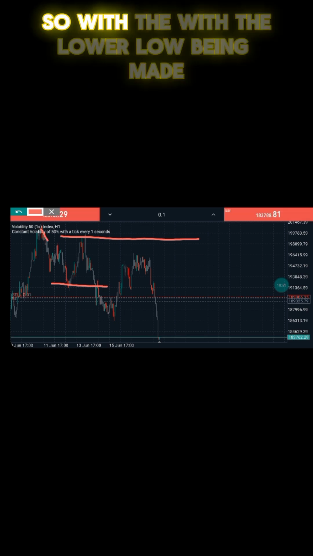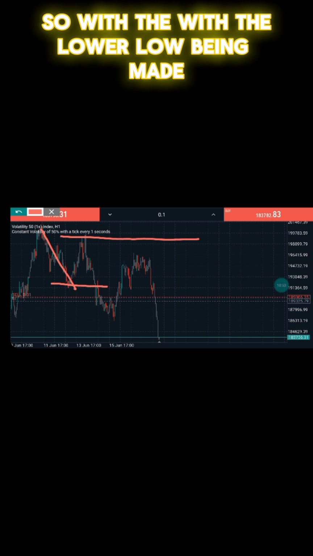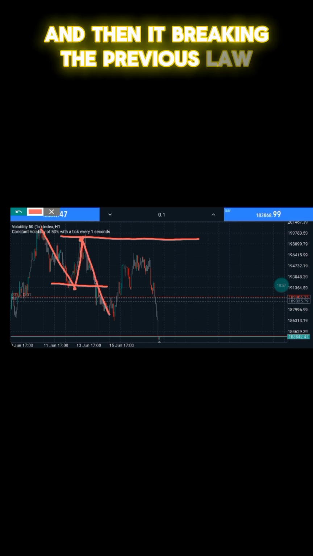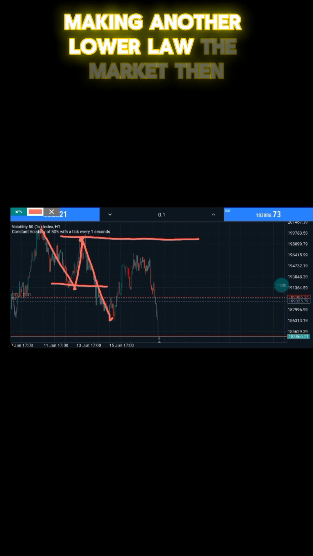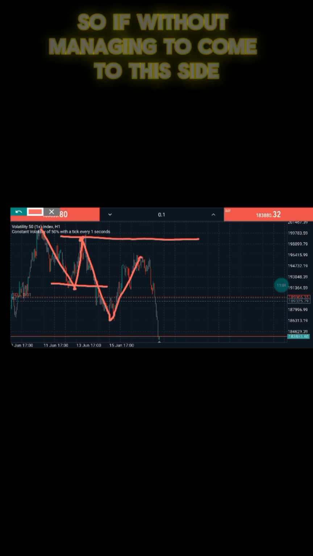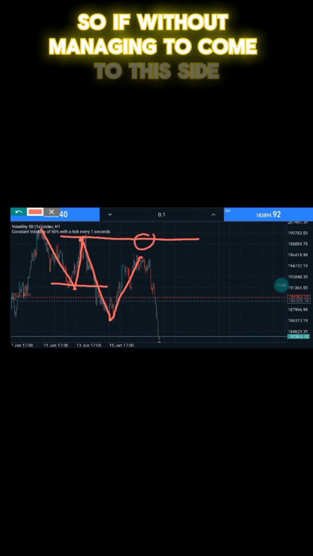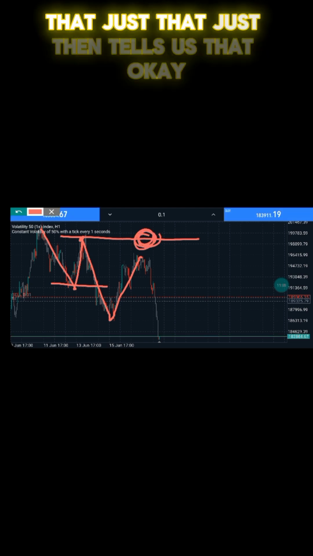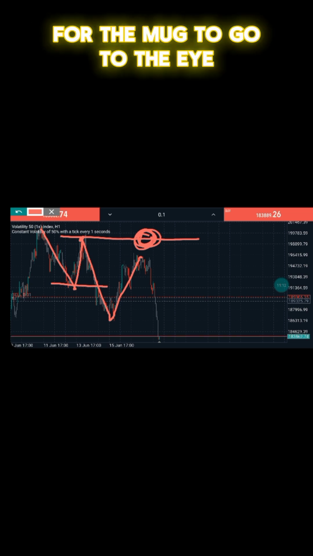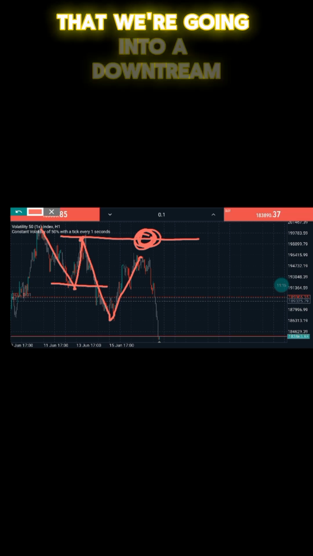With a lower low being made and a lower high being made, and then it breaking the previous low, making another lower low, the market came back up but didn't manage to come back to this high. That tells us there's not enough momentum for the market to go to the high, and that confirms we're going into a downtrend.